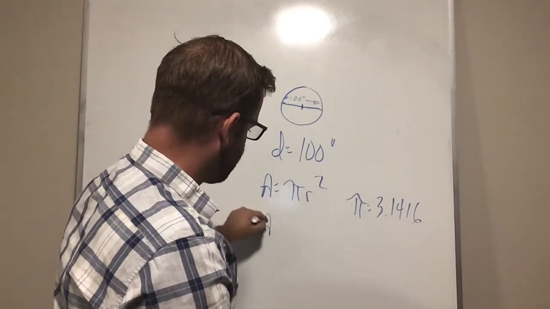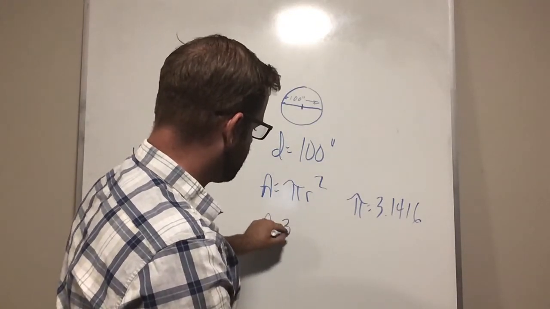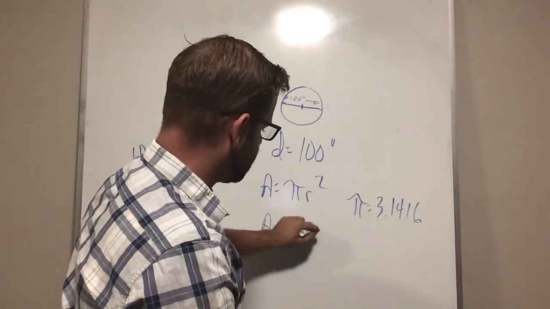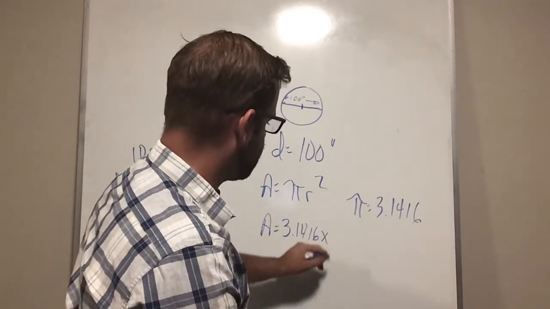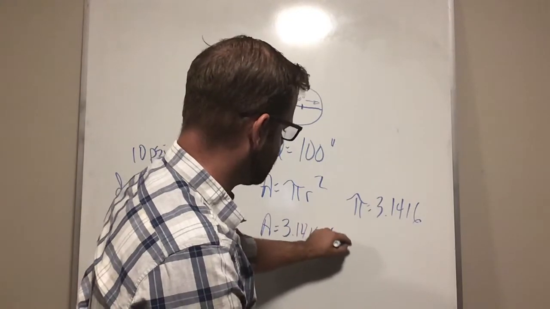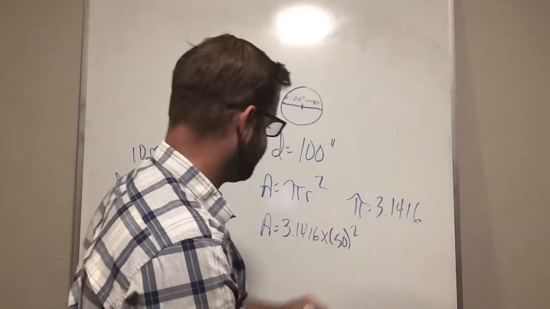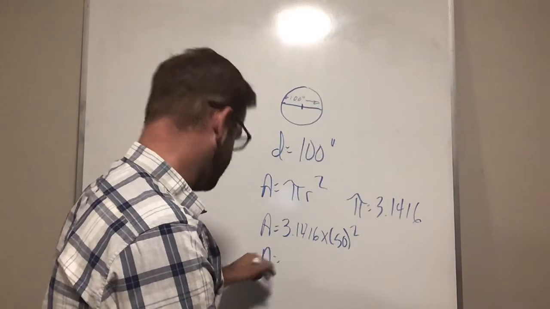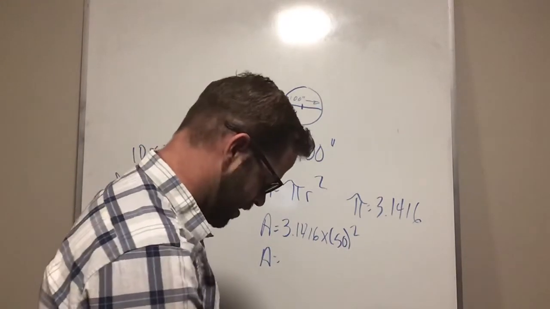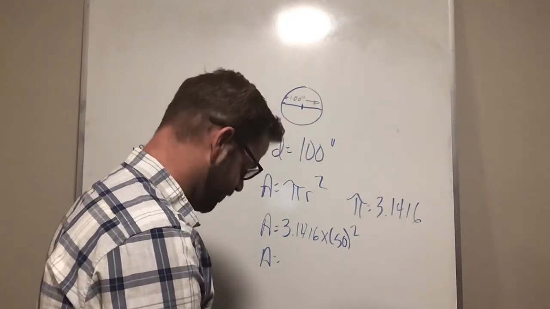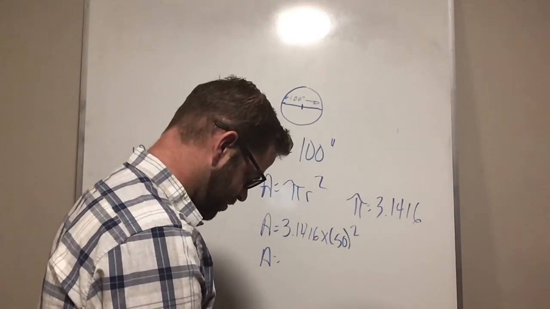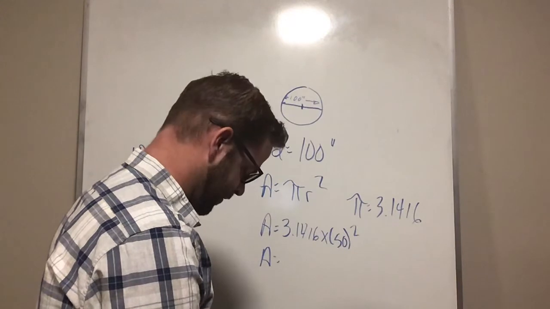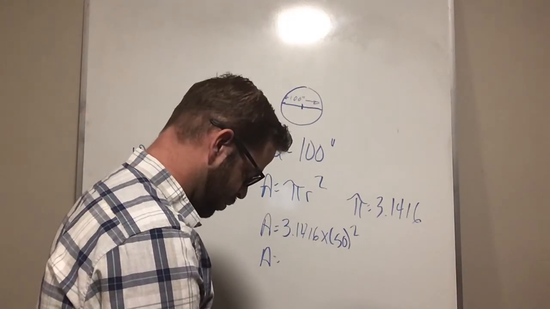And so the area is equal to 3.1416 times the radius of 50 squared. This is going to be a fairly large number because it is in inches. So 50 squared is 2,500 times 3.1416.